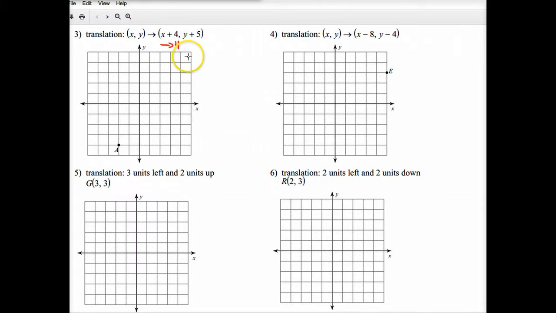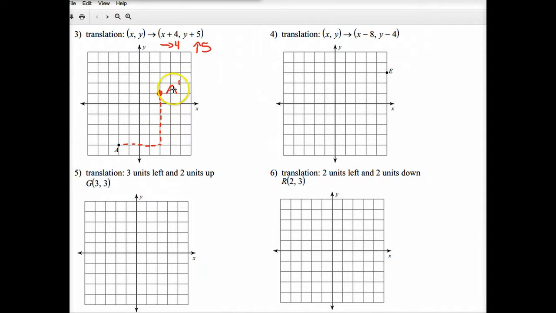And then y is up or down, so because it's plus, up would be the positive, so it's going to be plus 5. So there we go. We got 4 to the right and 5 up. So I'm going to take this A and I'll go 4 to the right and then 5 up. And there would be my new point right there. So that's A prime because it's the copy.